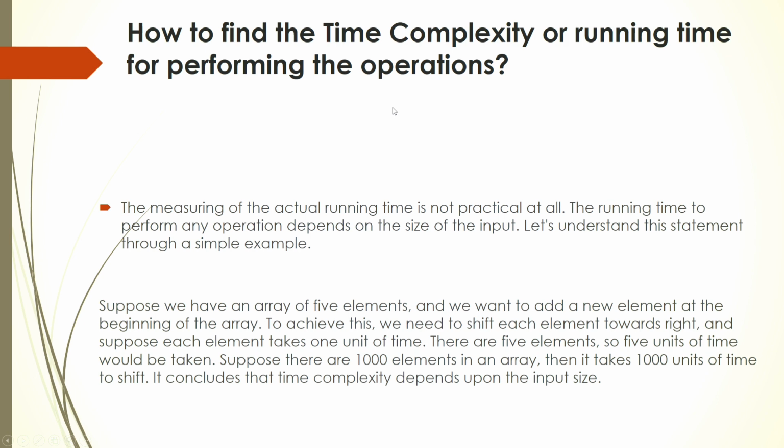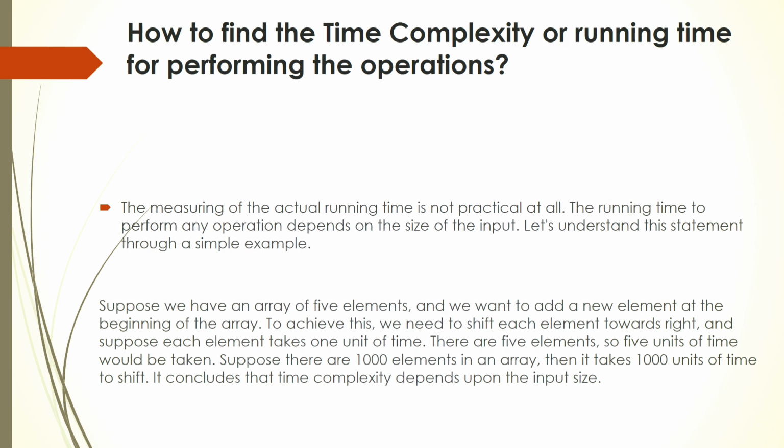Now, we will see how to find the time complexity or running time for performing the operations. Measuring the actual running time is not practical at all. The running time to perform any operation depends on the size of the input. Let's understand this statement with a simple example. Suppose we have an array of 5 elements and we want to add a new element at the beginning of the array.